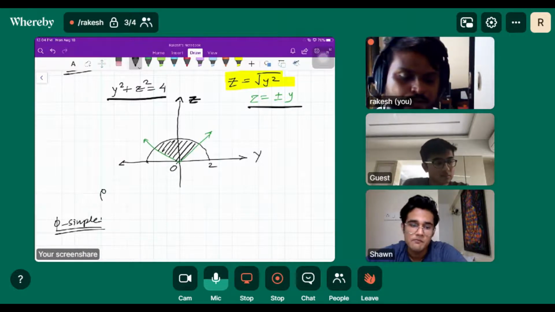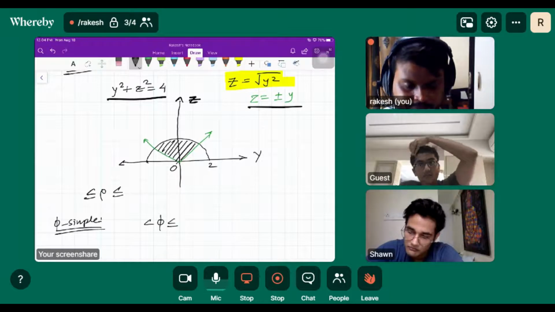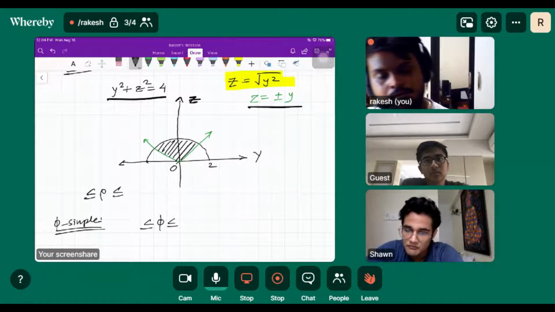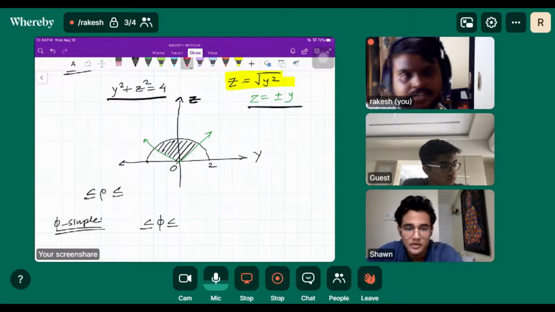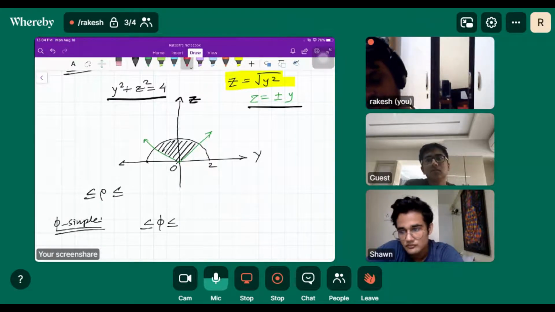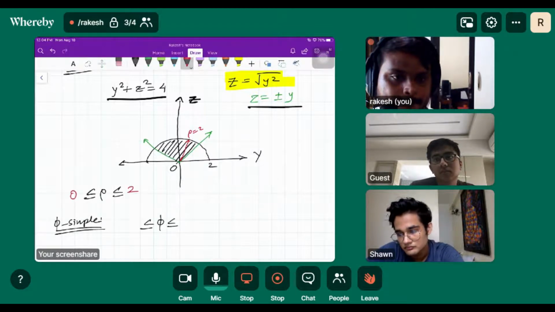Now let me know the lower and upper interval of rho and phi in this case. See, this is a circular region, right? 0 to 2, right? So that's a circular region, going from 0 to 2, right?